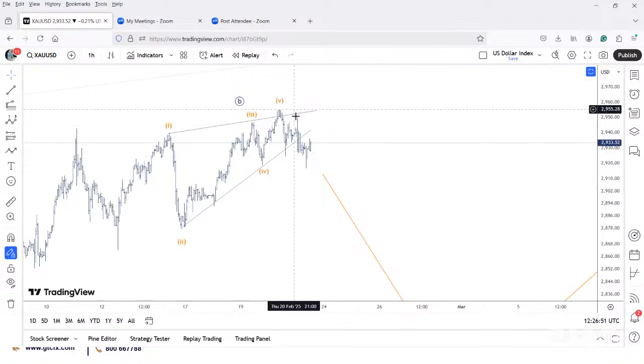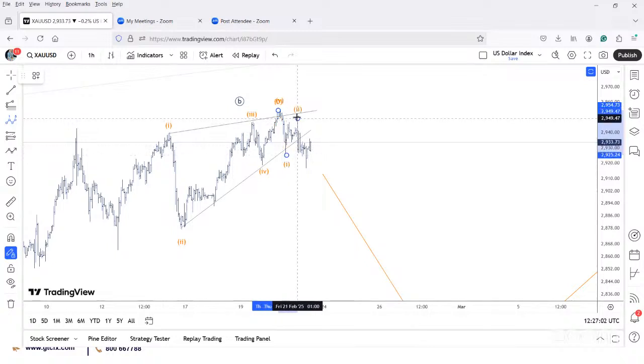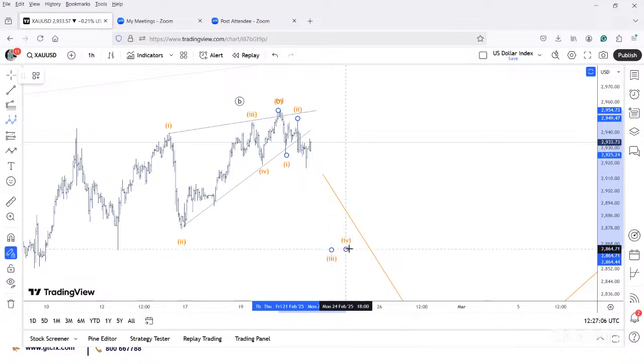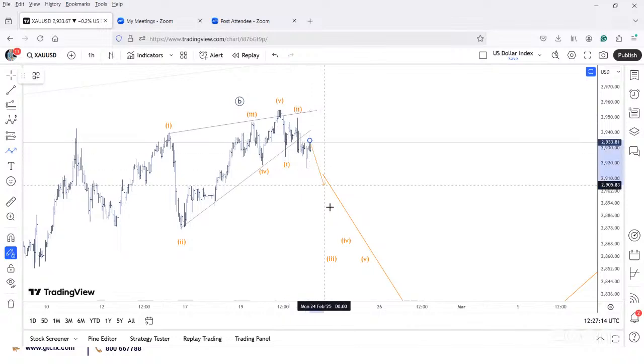So ideally, if we start plotting on the right hand side, we've got wave 1 lower, we've got wave 2, and the third wave is extending. So somewhere 3, 4, and 5 should be materializing. And if we go by the path, it would be something like this.